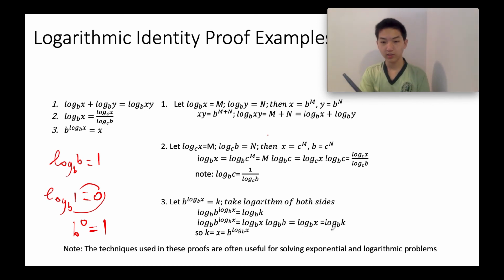So then we get k equals x because everything else in the equation is the same except for x and k, so they must also be the same in order for the equations to be equal. And then k is equal to b to the log base b of x. So we've proven that b to the log base b of x is equal to x.